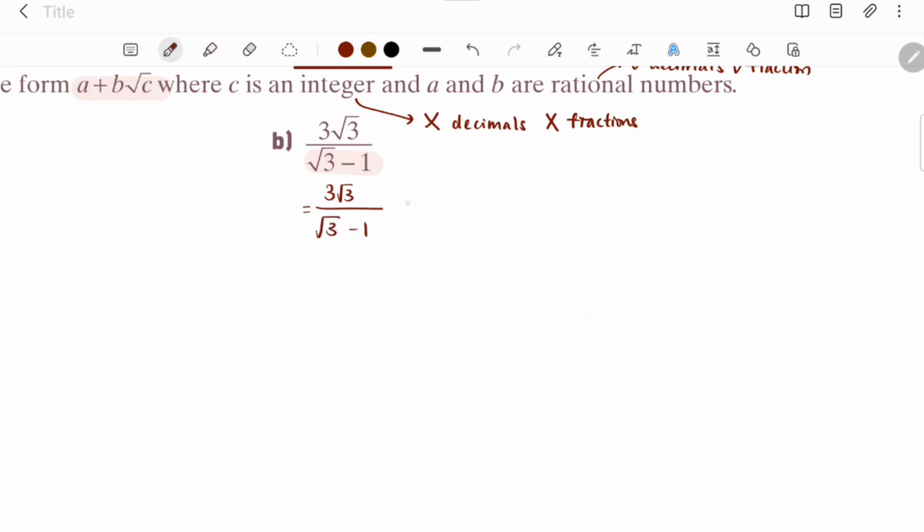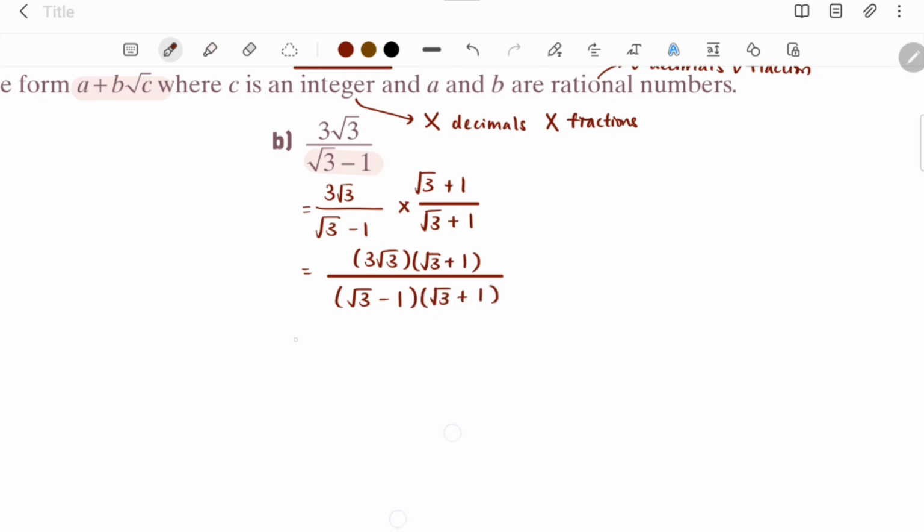Surd 3 minus 1. We multiply it with surd 3 plus 1. Up here also the same. So 3 surd 3 multiply with surd 3 plus 1. Down here, surd 3 minus 1 bracket surd 3 plus 1.